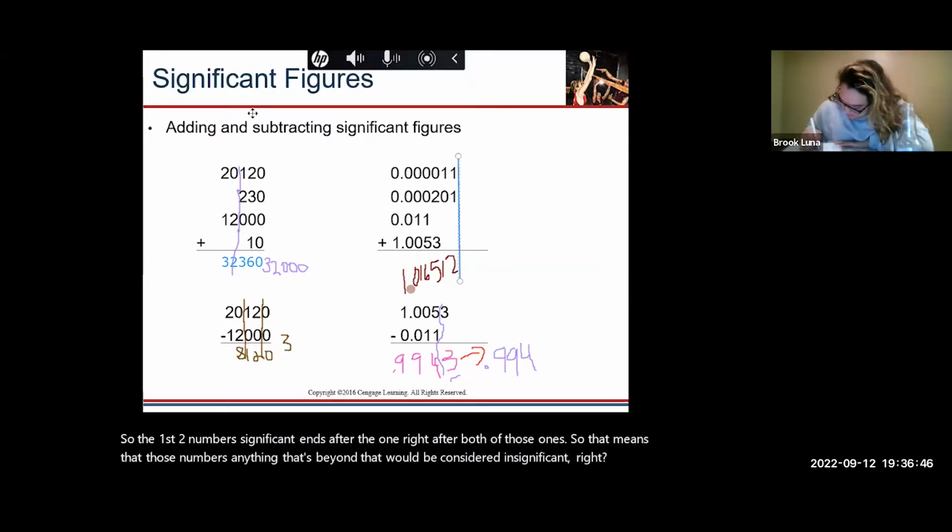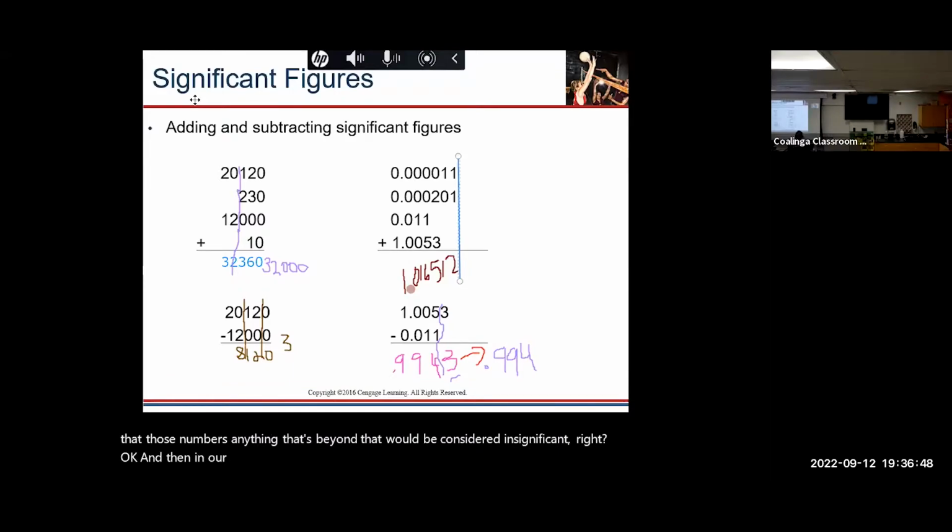And then in our next number, significant ends after the 1 as well. Okay, and then our last number, significant ends after the 3. Yeah.